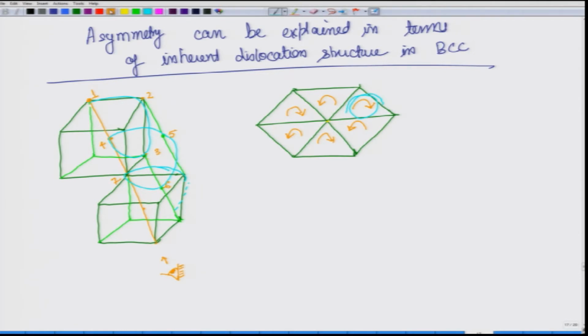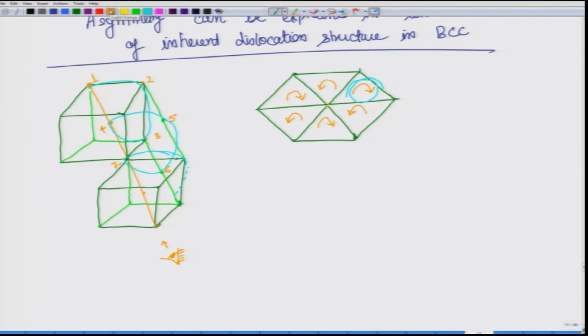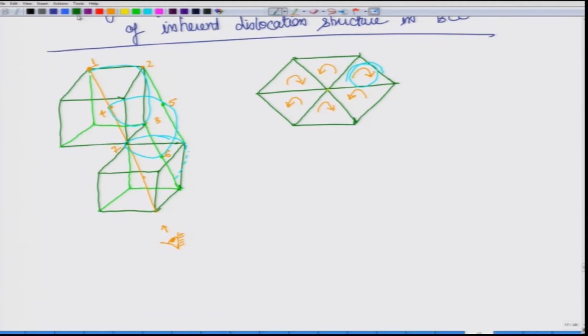And now that if you are able to see this, next I want to move on and draw just one of this triangle. So, this is the BCC. These are straight lines along 1 1 1.